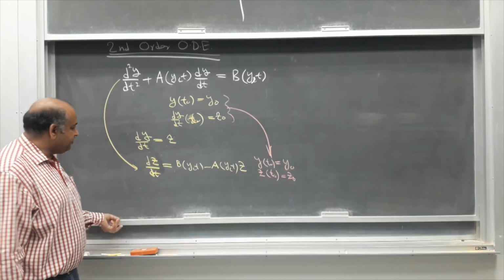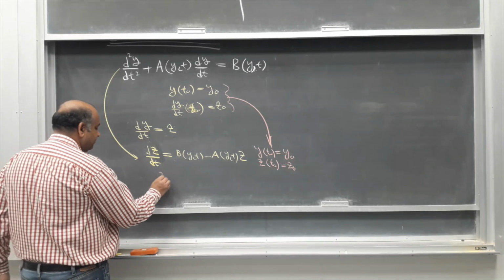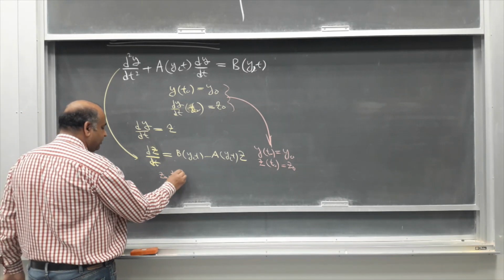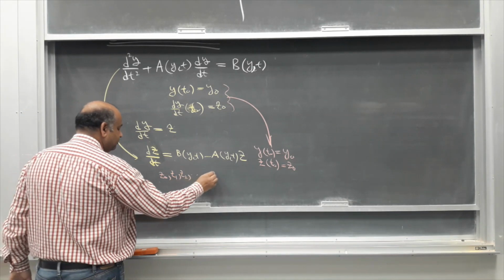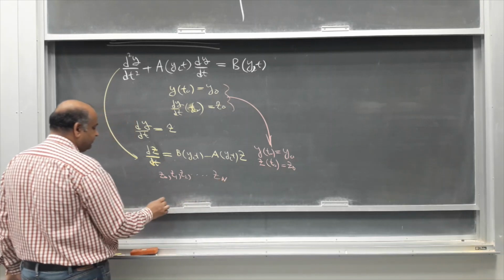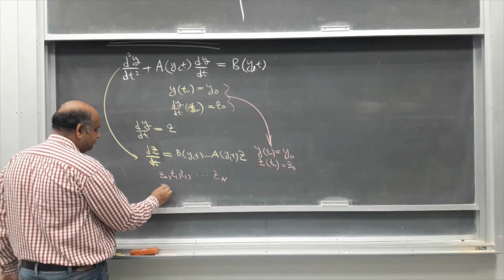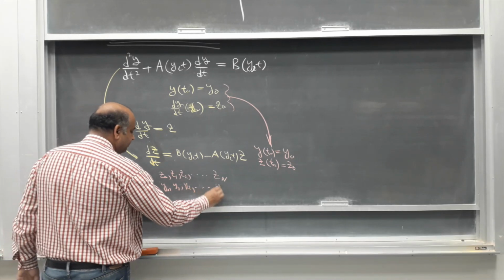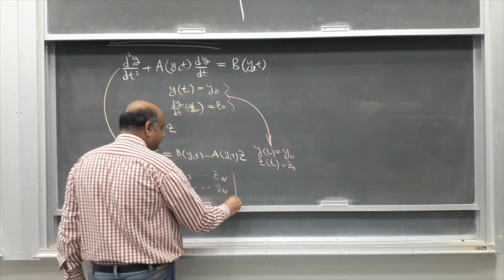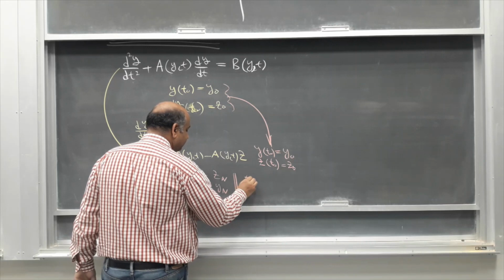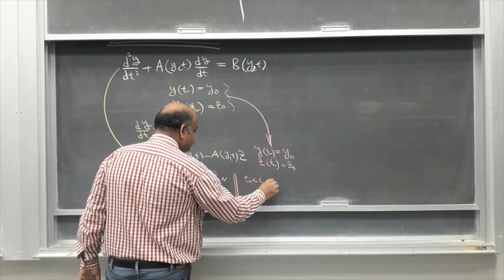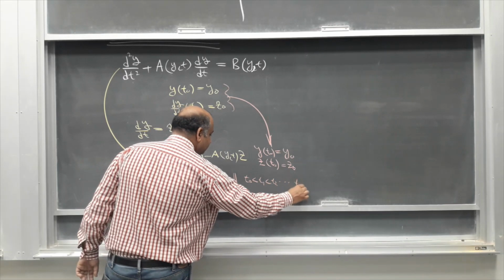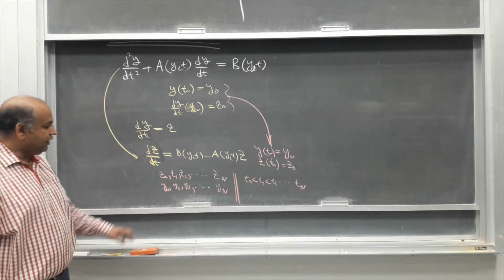And at the end, what we will have is this. We will have z naught, z1, z2 up to zn, and we will have y naught, y1, y2, and up to yn, where I'm assuming that we divided our interval into n+1 points.